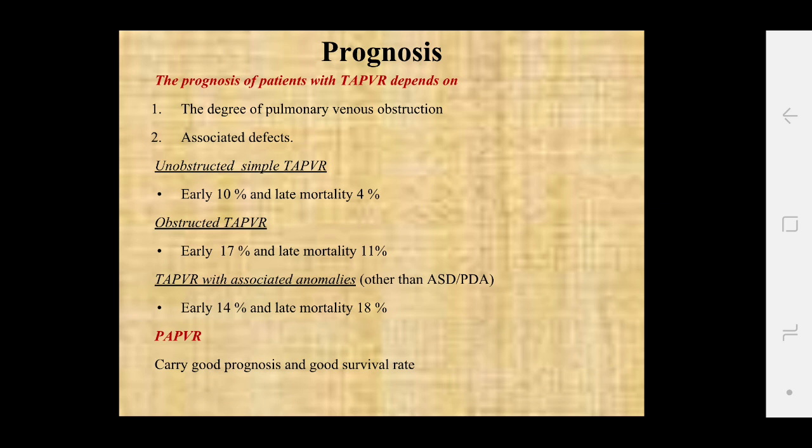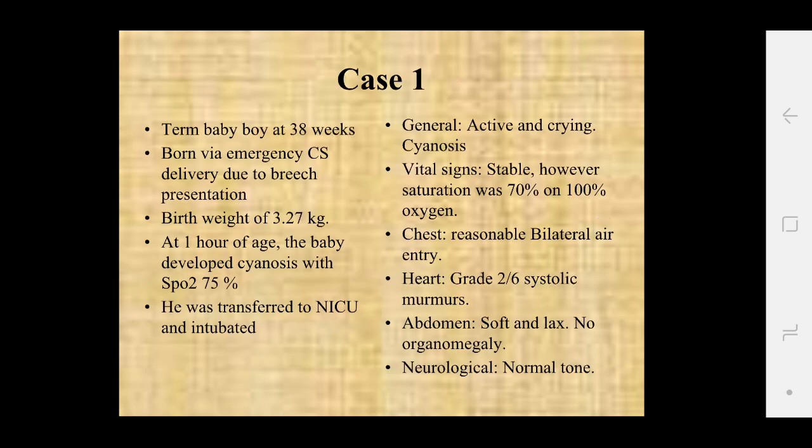Total anomalous return with associated anomalies other than PDA and ASD, because those are part of the anomaly and not considered an association, has 14% early mortality and 18% late mortality. But partial anomalous pulmonary venous return usually has a very good prognosis and very good survival rate.